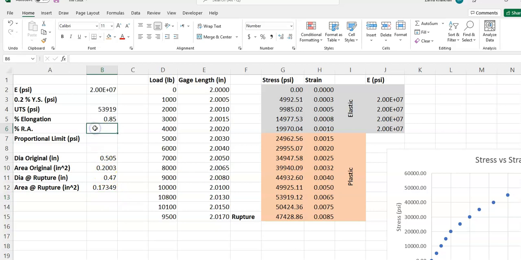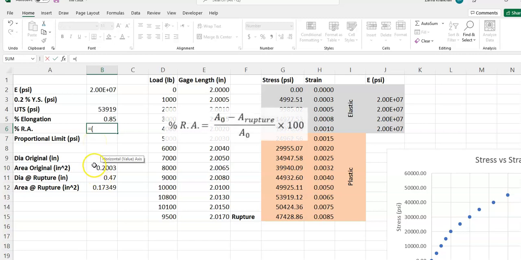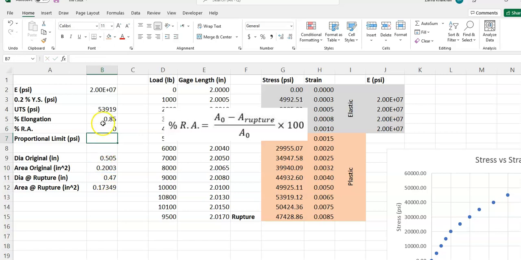Now let's add the equation here: equal sign, open a parenthesis, original area minus area at rupture, close the parenthesis, divided by original area. So let's increase the decimal points.